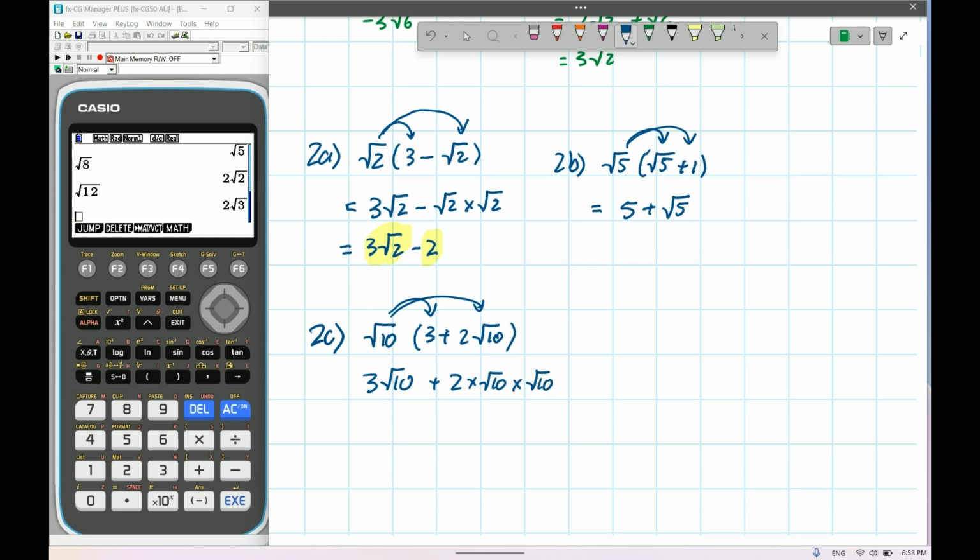I broke up the 2 square root 10 as 2 times square root 10. And so what we have now is square root 10 times square root 10 to make 10. 2 times 10, oops, I should be writing equals everywhere, equals 20. All right, cool.